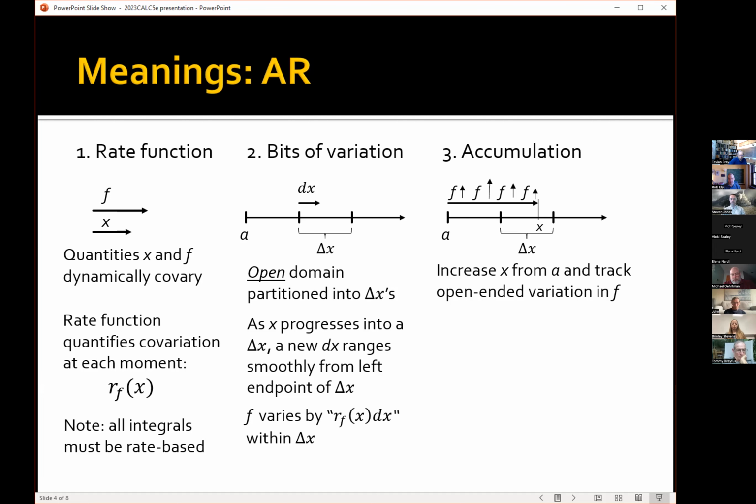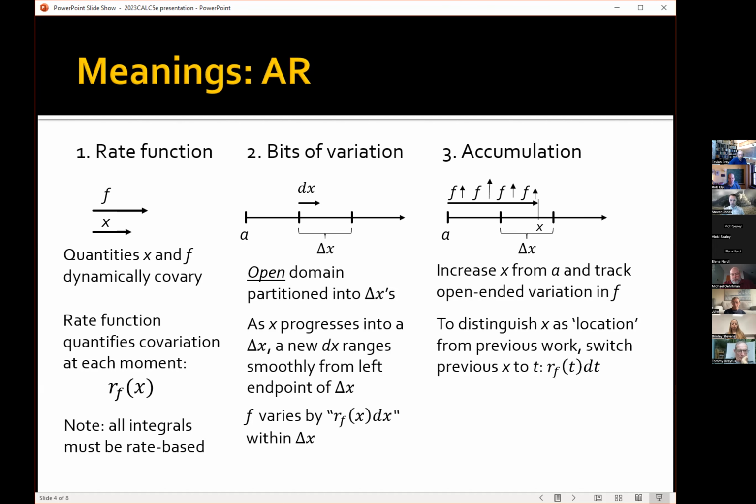Then in the third part of the structure, the accumulation is, as x increases from A, you're going to track the open-ended variation in f. A couple of points, though: to distinguish x as a location from the x as it was used in those previous two parts, you have to switch that previous x to a different symbol. So for example, t.